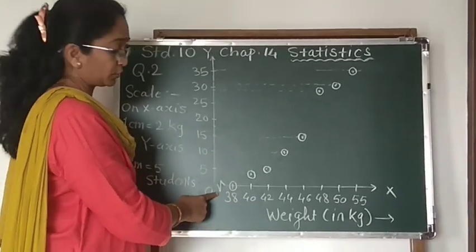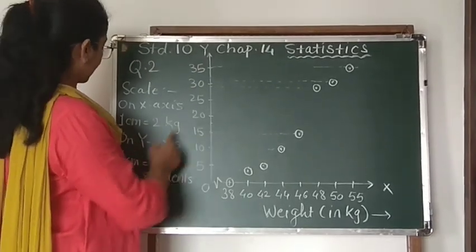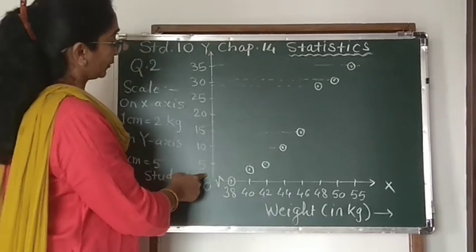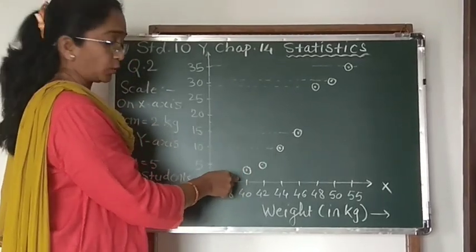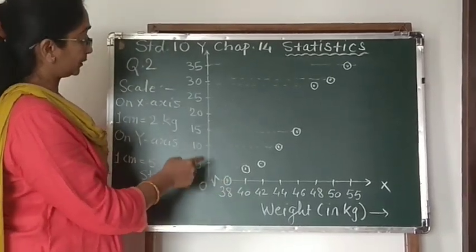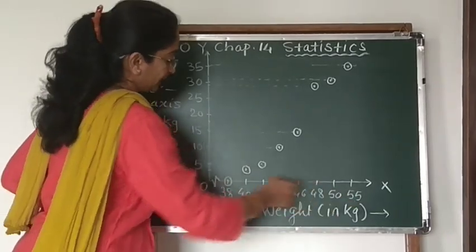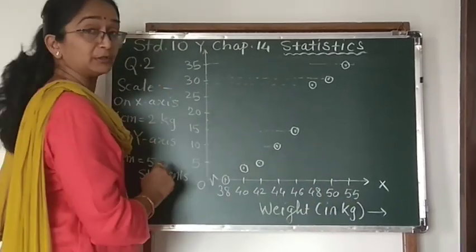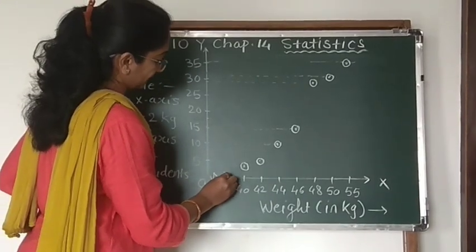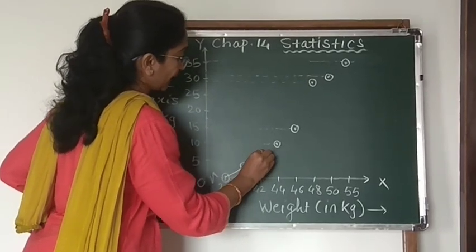Here you have to give the crank mark to show the break. On the y-axis the scale is 1 centimeter equal to 5 students. Now plot the points from the coordinates. As this is the less than type cumulative frequency distribution, you take the upper limits on the x-axis and cumulative frequency along the y-axis. After plotting the points, join these points by a freehand smooth curve.